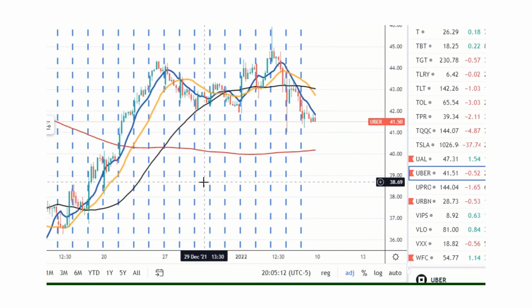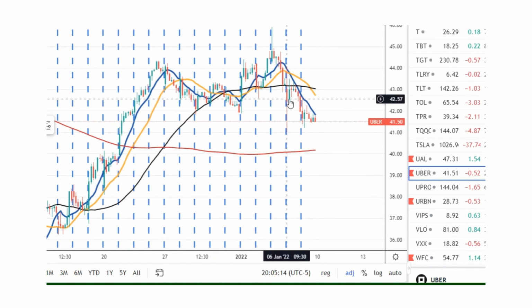It had a pullback January the 6th, and then it continued going down. It had sort of a little resting period there for a few hours, but it continued going downtrend.